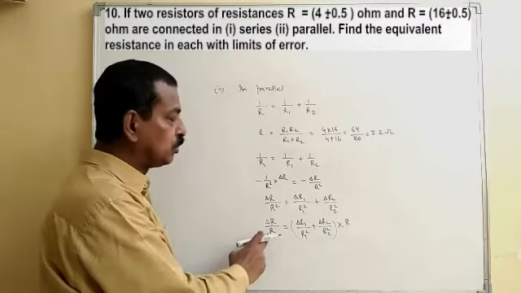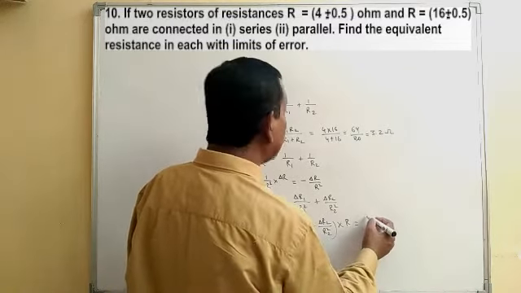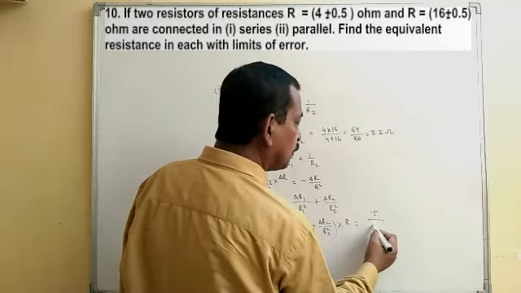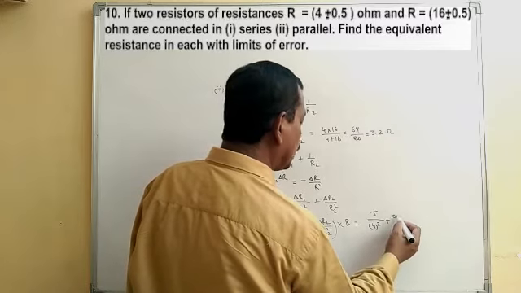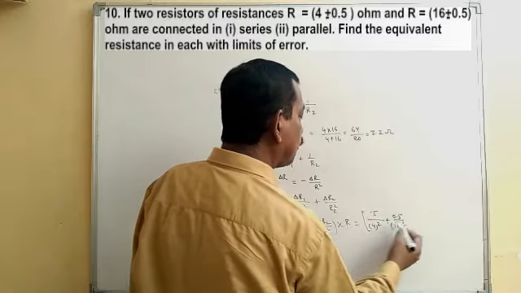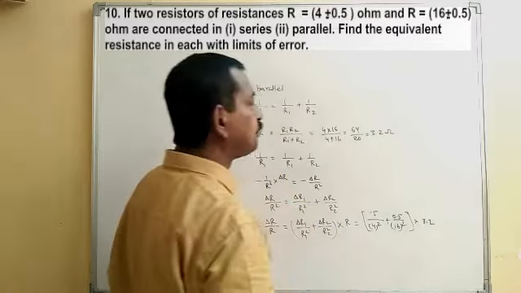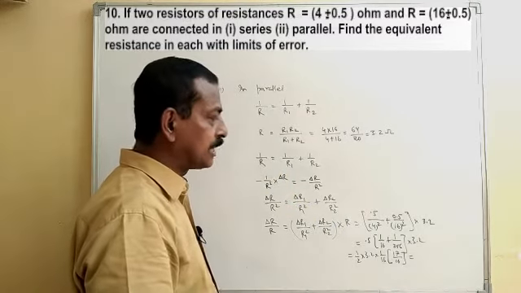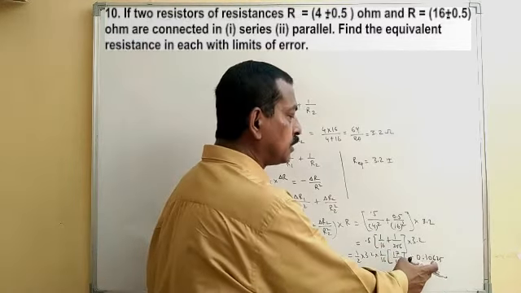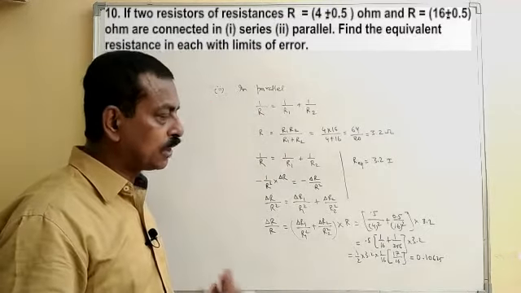Fractional error, if you take, it will be only delta R by R. So this expression will now be 0.5 by 4 square plus 0.5 by 16 square, and the whole term multiplied by 3.2. If you simplify this one, this will be 0.10625. That we can write as 0.10 also.